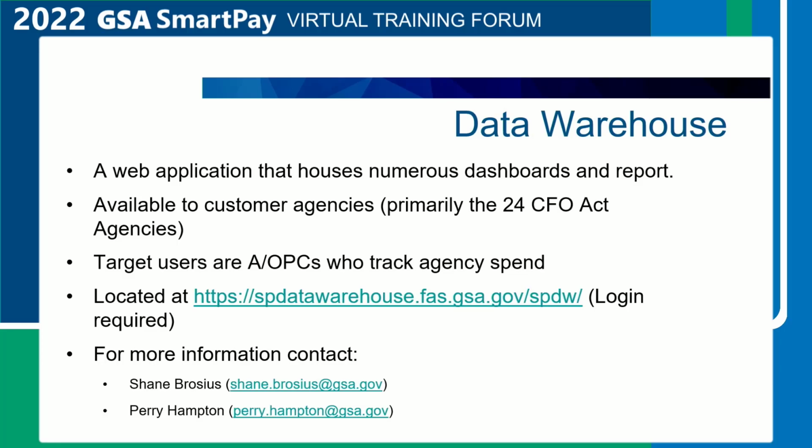Example reports included are convenience checks and FSSI. The data warehouse continuously evolves and is available to customer agencies, primarily the 24 CFO Act agencies. For more information, contact Shane Brocious or Perry Hampton.